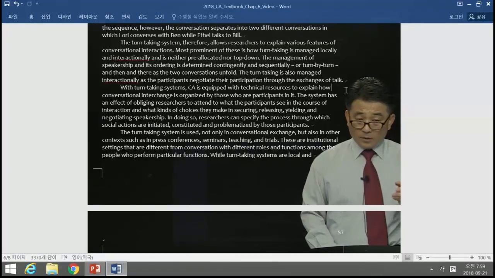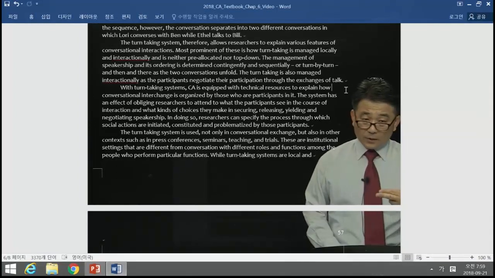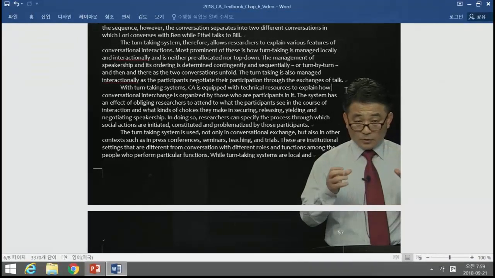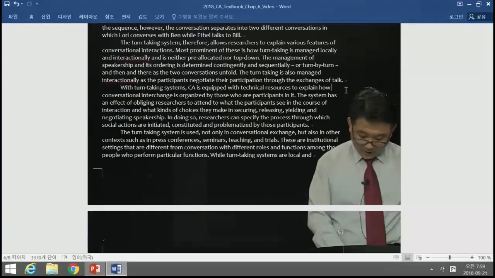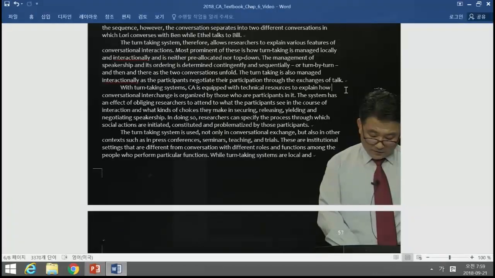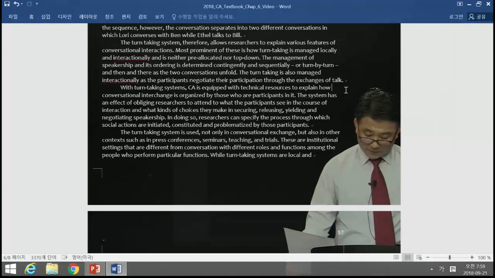The rest of it, using this turn-taking system, you can describe how people negotiate their speaking rights. In doing so, researchers can specify the process through which social actions are initiated, constituted, and problematized by those participants. Okay?